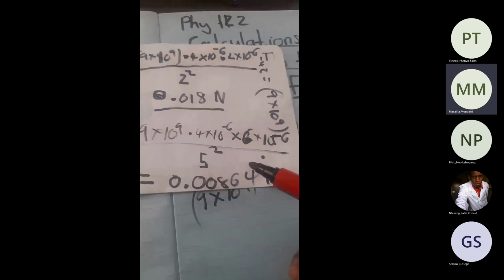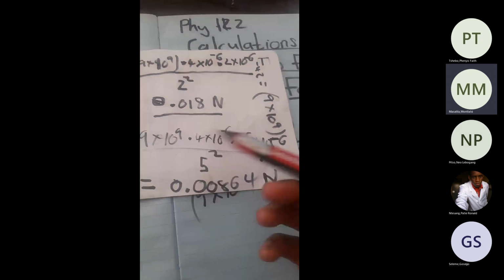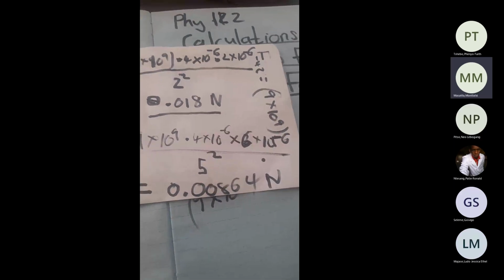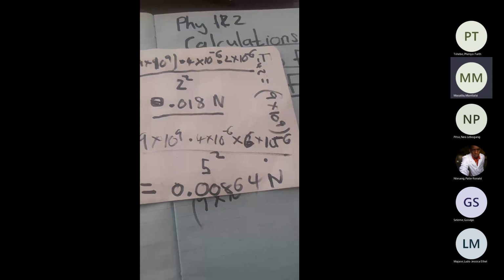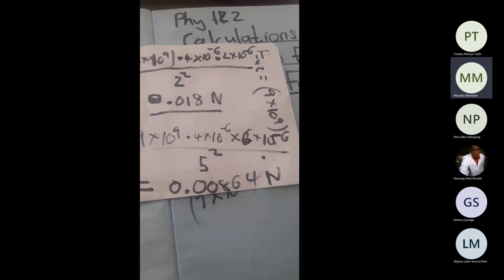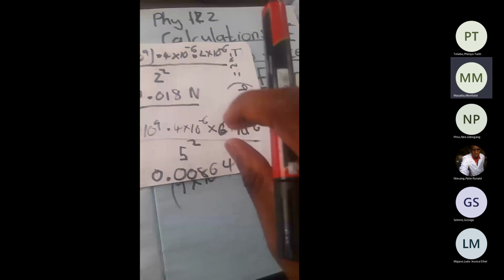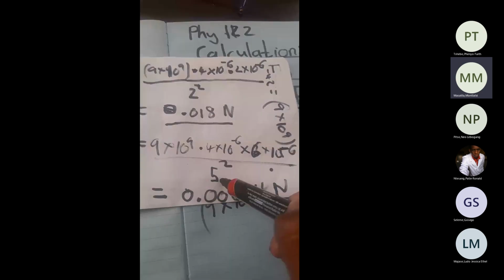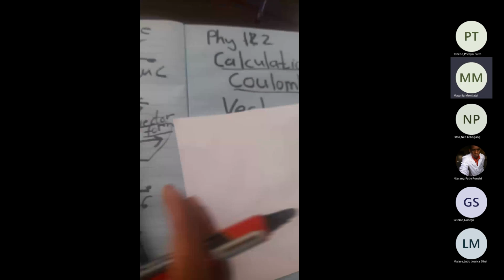0.0864 Newton. Then you add these two: 0.0864 plus 0.018. After you add this and this, your answer is going to be 0.02704 Newton.